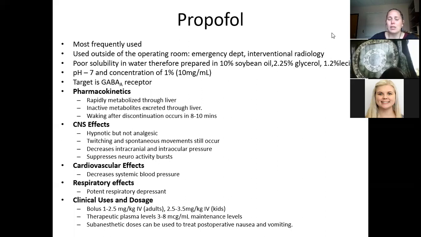This is an egg protein, so if an individual has an allergy to eggs, that's something to take into account in the preparation of this particular drug. The working concentration of this is roughly 1% or 10 milligrams per mil, and in terms of molecular targets, this is going to be targeting that GABA A receptor.